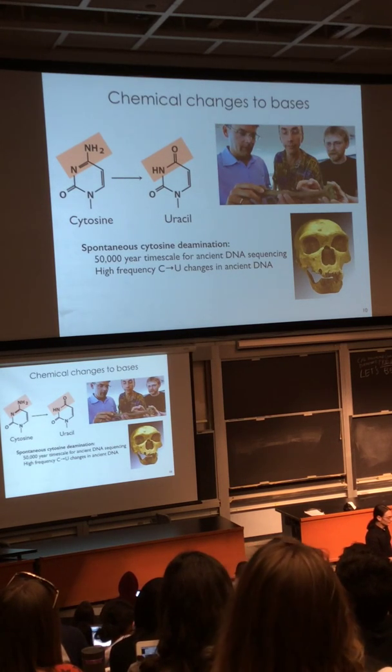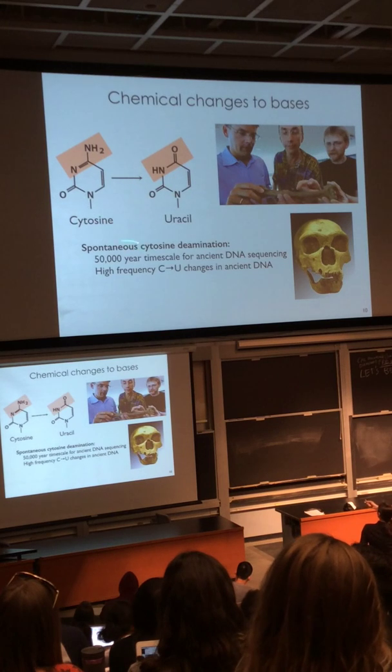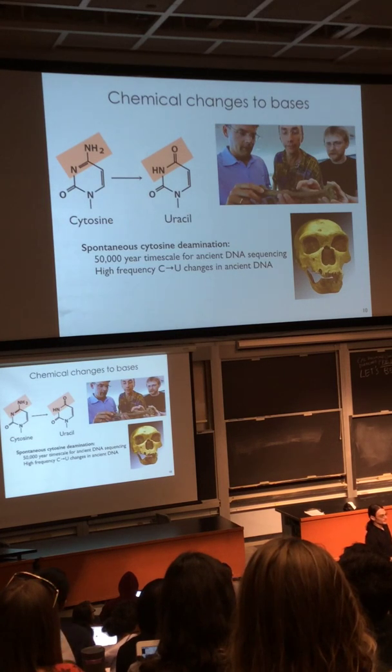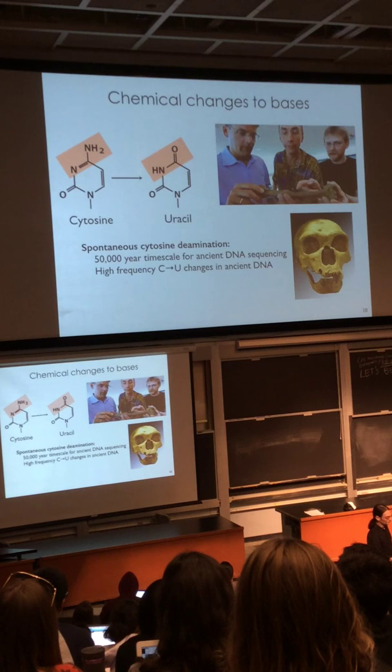And in fact, about 50,000 years, which is the rate of this cytosine deamination, is roughly the time scale along which people can actually successfully sequence ancient DNA. And even when they do, they see this high frequency of C to U changes.